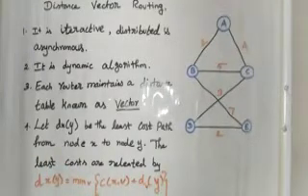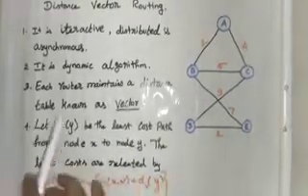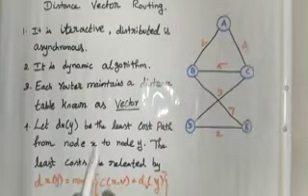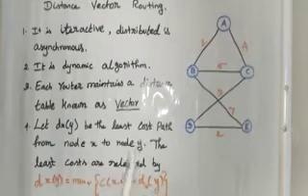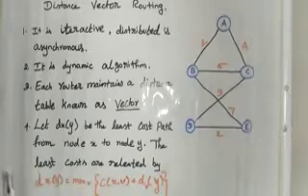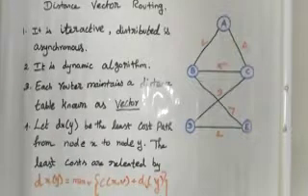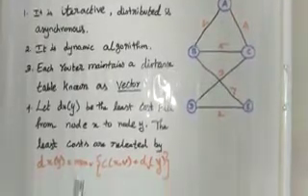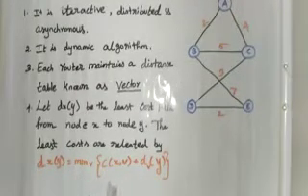I'm involving a mathematical calculation. Let d(x,y) be the least cost path from node x to node y, where x is the source node and y is the destination node. So I have to find the least cost. To find the least cost d(x,y), I'm going to use the equation d(x,y) = min over v of {c(x,v) + d(v,y)}.